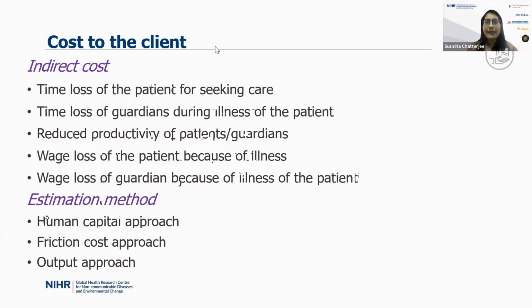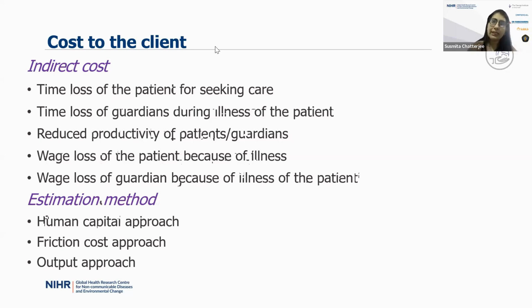This gap time is costed in friction cost, which is extremely difficult, because we may know when the person stopped working, but how will we know how long the position was vacant, when it was filled? We have no idea about that, right? So we never use the friction cost method.